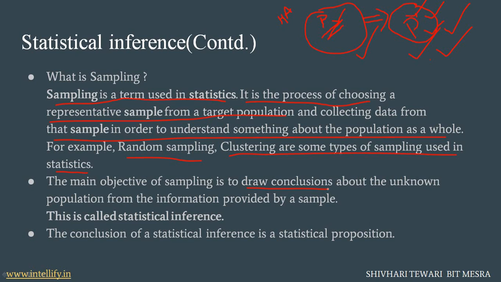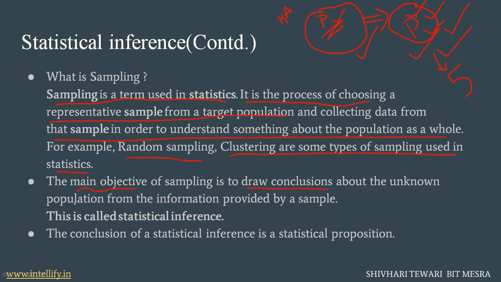For that, he will take a sample of patients. So the main objective of sampling is to draw a conclusion about the unknown population from the information provided by the sample. Like the information provided by this sample is that the average stay of the patients is not more than 5 days. This is how this information works for the hospital administrator.